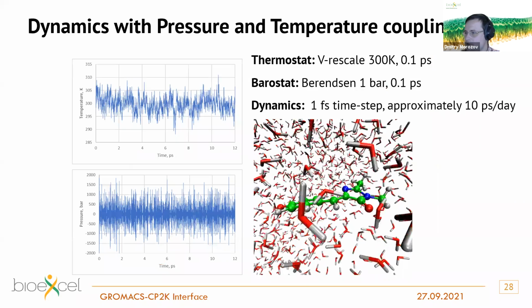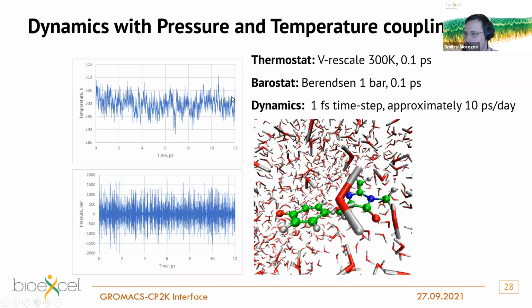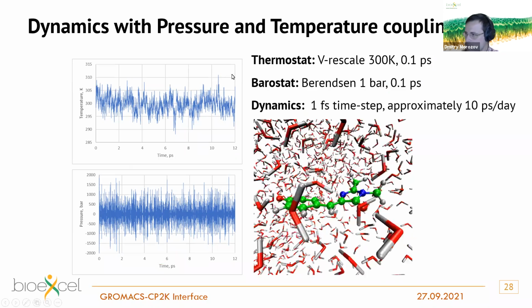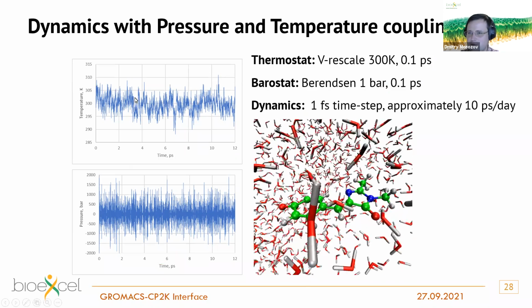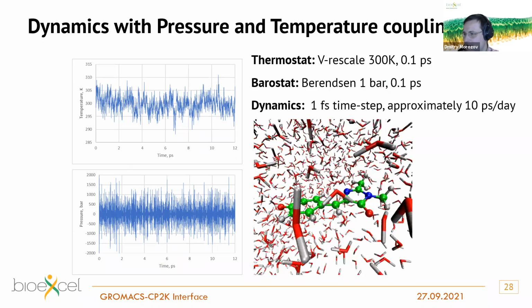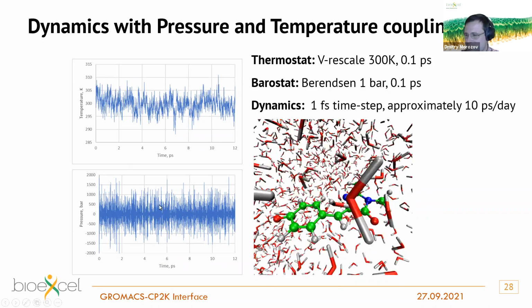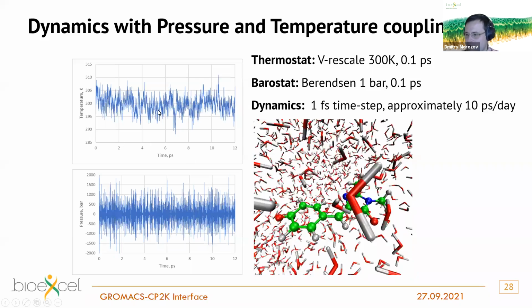The second test is pressure and temperature coupling. Here it's a trajectory again with a 1 femtosecond time step, which is quite big actually for QM; usually less than 1 femtosecond is used. You can see the temperature and pressure coupling is working.